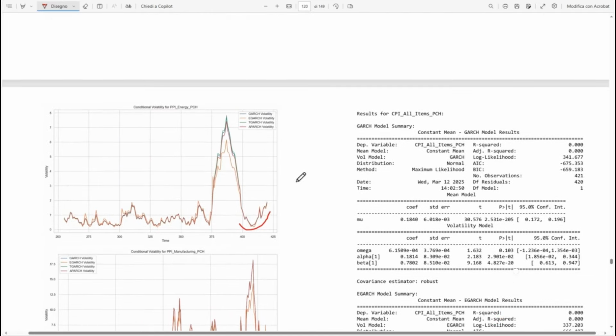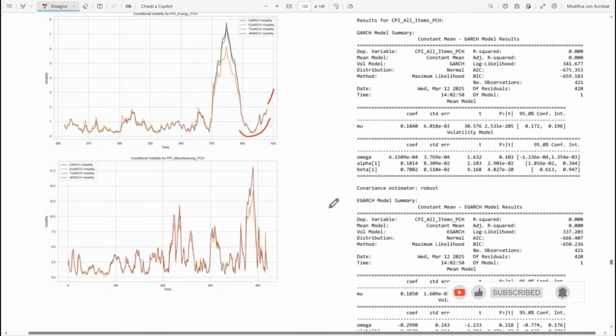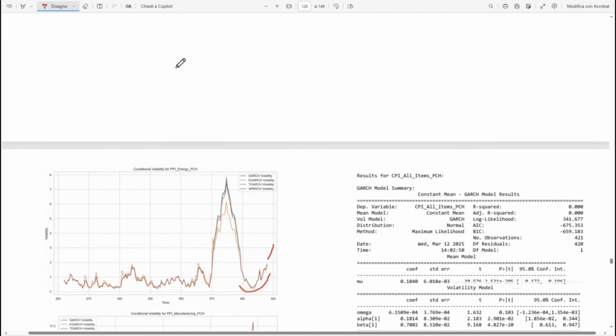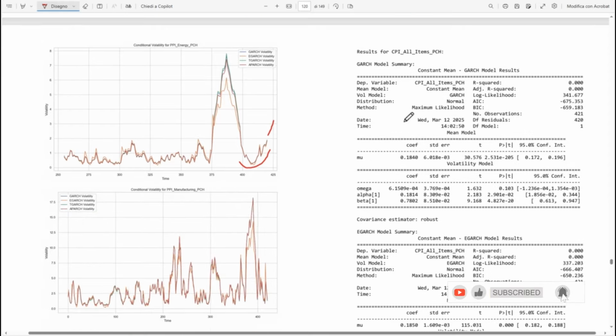So if tariffs tend to push up prices, then we can expect that conditional volatility will tend to go higher. And then what will be the pass-through effects on inflation? We can say, for example, that the pass-through effects will be in a range, theoretically extrapolating from data, of 0.2 to 0.4 on a month-over-month basis or on a yearly measure, let's say.